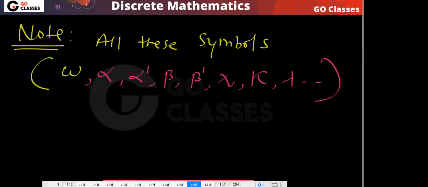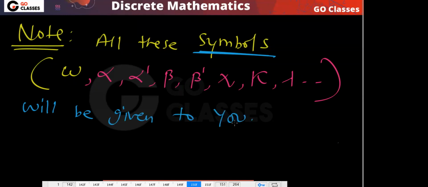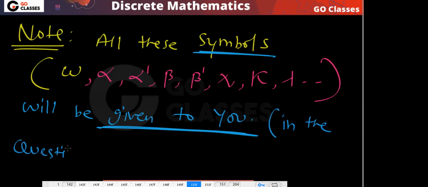All these symbols are not important. Please understand, all these symbols will be defined and given to you in the question.